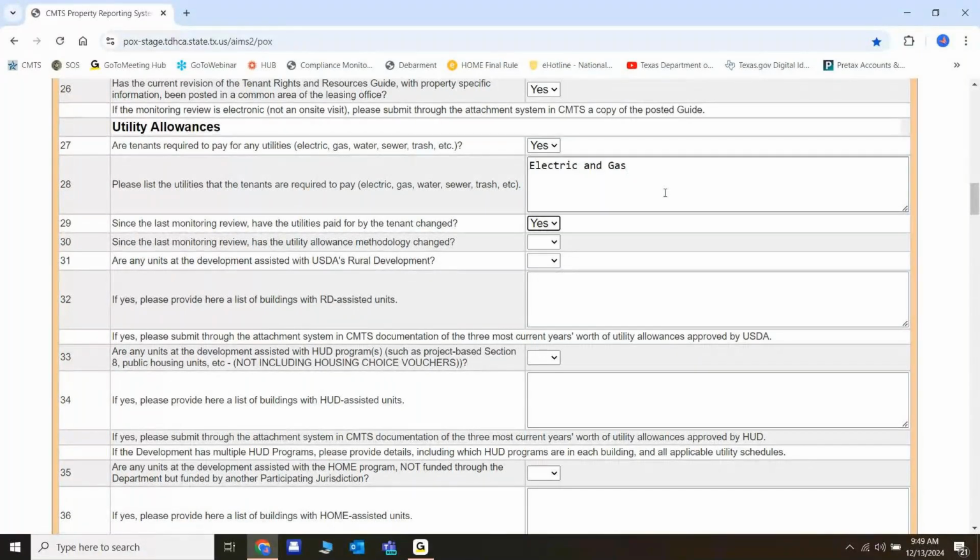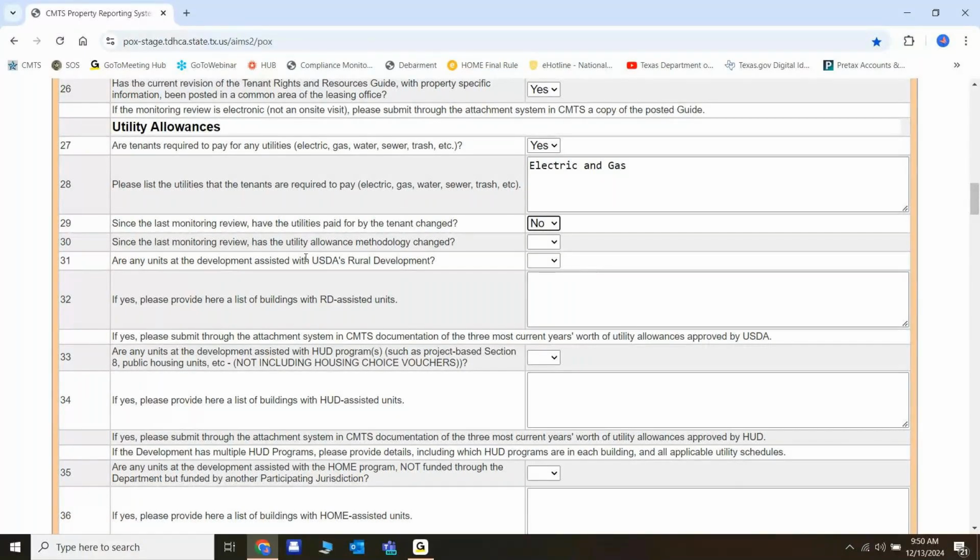And I'm going to go into CMTS and look and make sure that you have an approval to change what your tenants pay from the department, because that is a requirement. And then the next question is, if it's nope, my tenants have always paid electric and gas, then it's no. This should not be blank. This is really always a yes or no question. Has this happened or has it not?